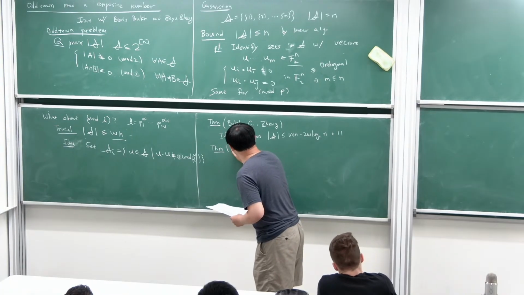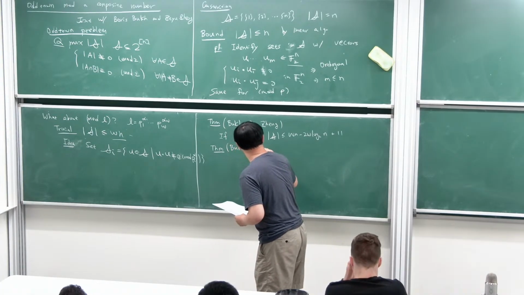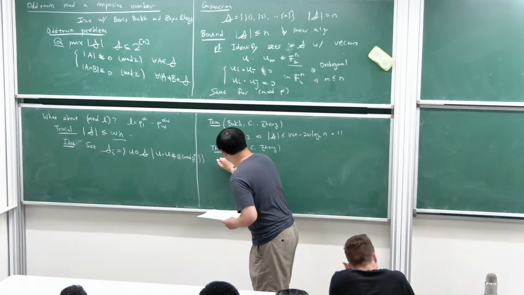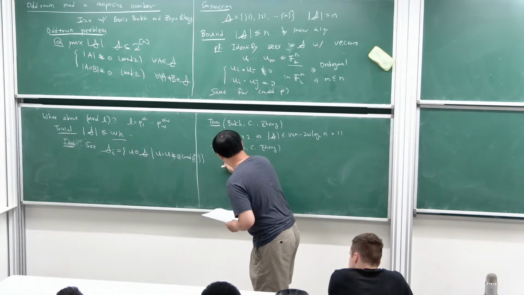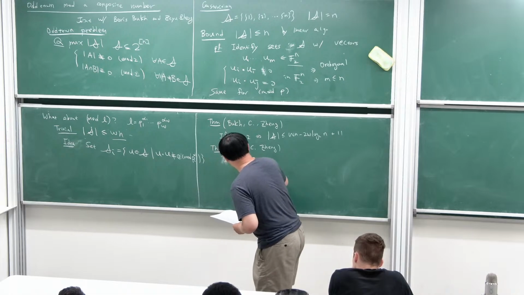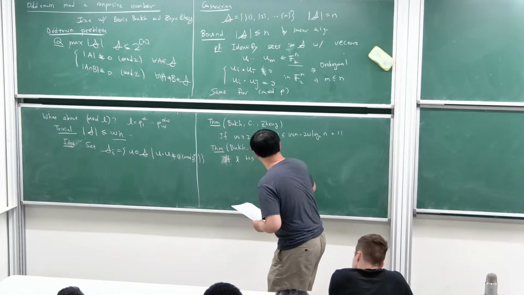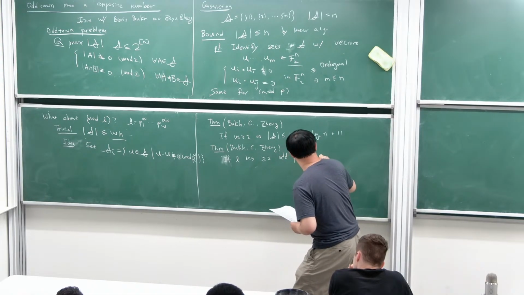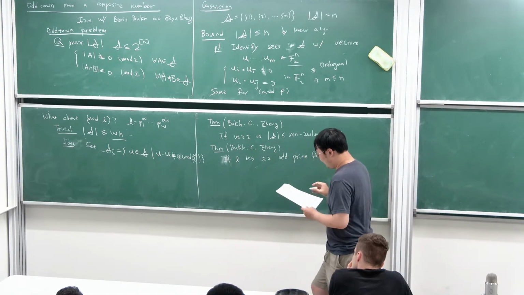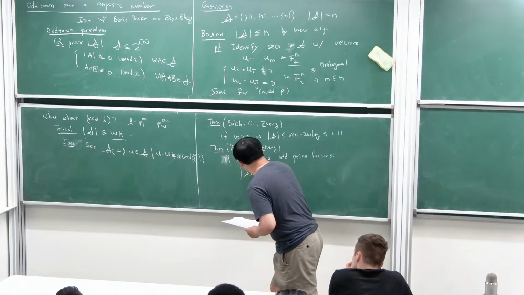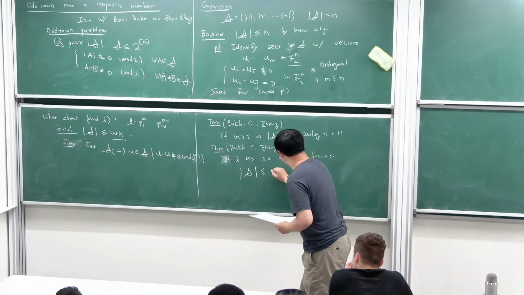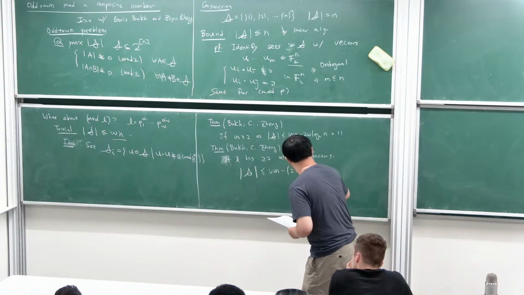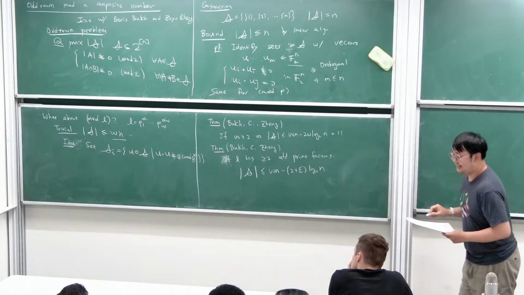And we can also improve this, saying that if L has at least 2 odd prime factors, then we get a tiny bit of saving by adding the epsilon here.